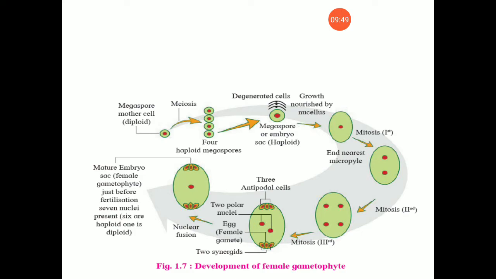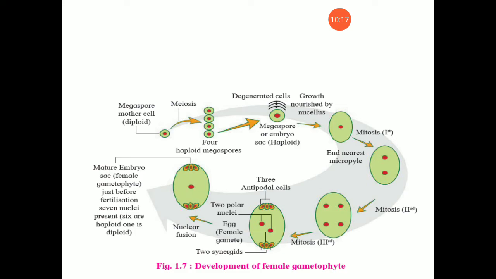One nucleus from each pole comes to the center and they function as polar nuclei. From both poles, 2 nuclei migrate to the center and function as polar nuclei.